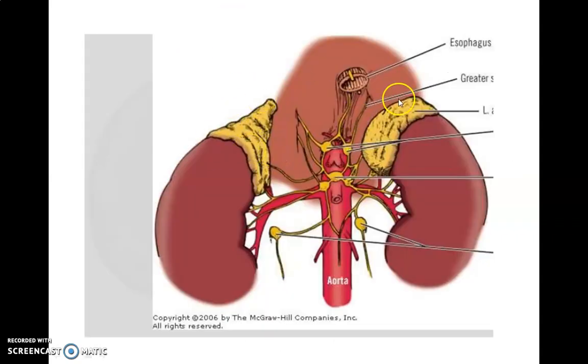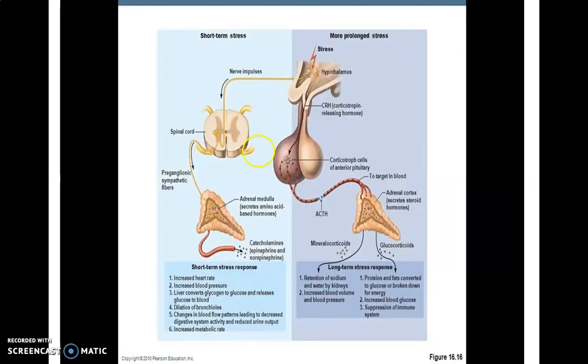This figure shows the nerve supply of the suprarenal gland. Medulla of the suprarenal gland is supplied by sympathetic from the celiac plexus, having the fibers of T8 to L1 segments of spinal cord. They form preganglionic sympathetic fibers.